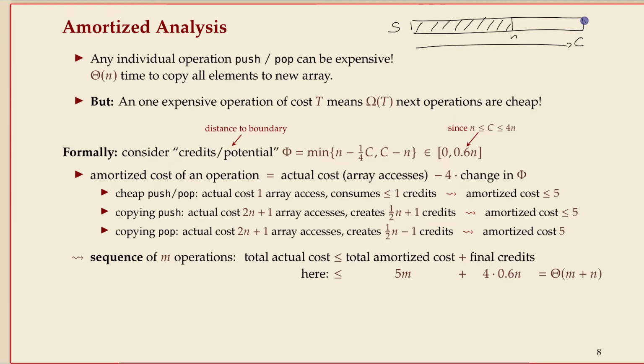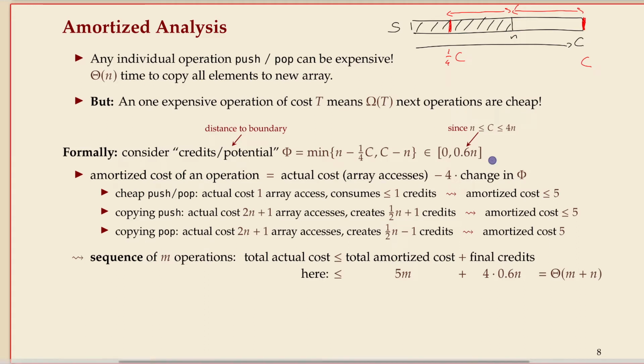And now there's 2 points where things happen: at a quarter C and at C. And so our potential measures the distance to these 2 interesting points and takes the smaller of the 2. That's what the potential intuitively does.